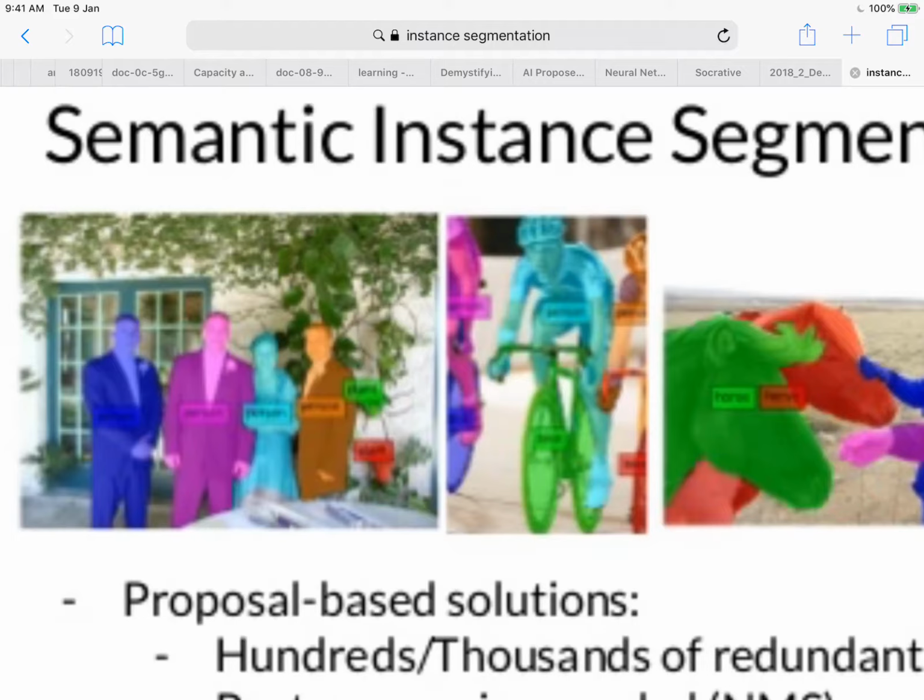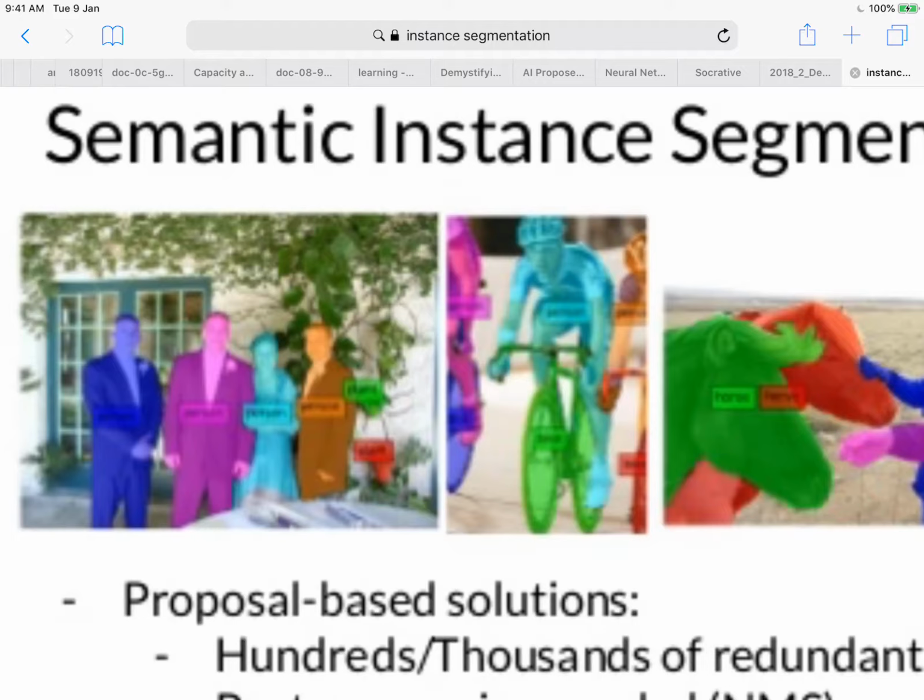And how many persons are there in this image, and where exactly are these persons located? So there are 4 different persons in this image, and the first person is on the left, and then the middle, and the right. That way we can predict or determine the exact location of these persons.